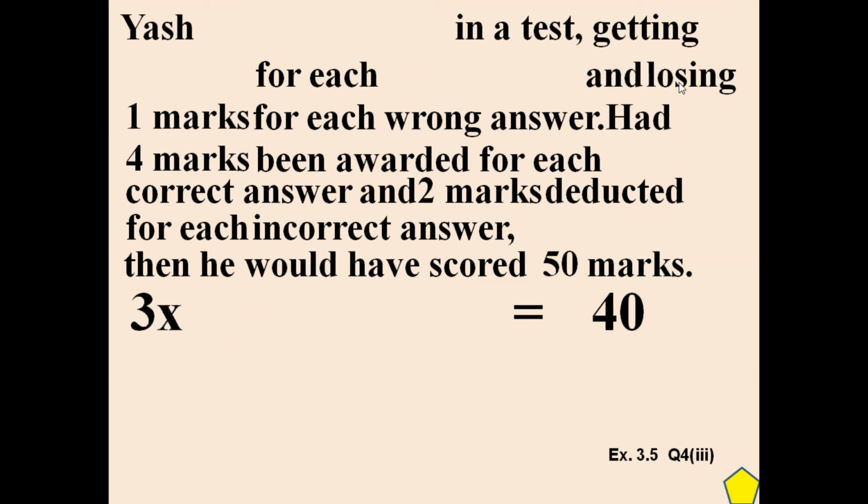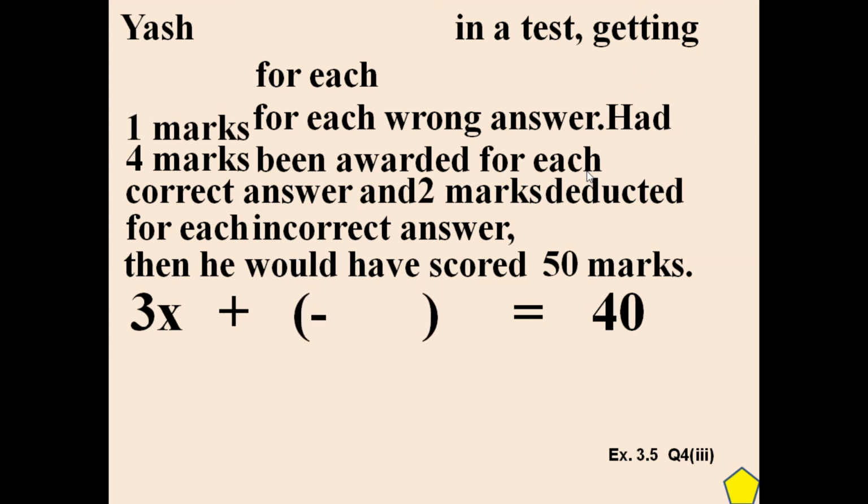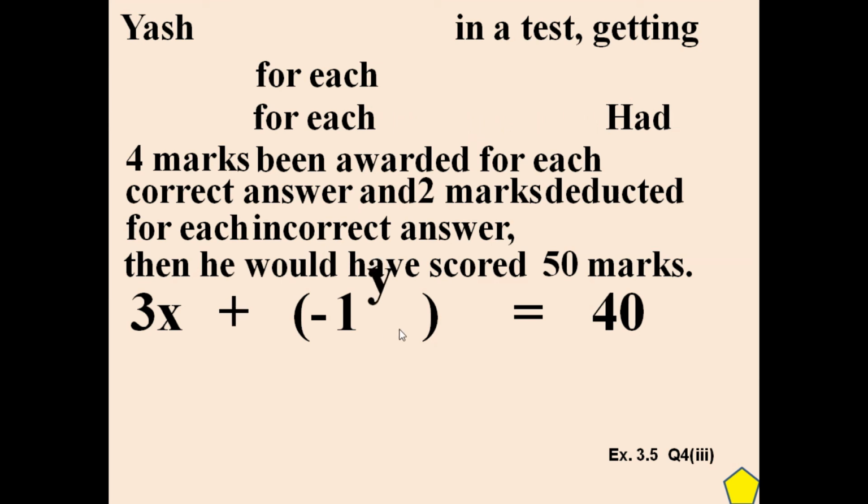And he loses 1 mark. Add means plus, but losing means minus. And how much is he losing? 1 mark for each wrong answer. Now, if the number of wrong answers is y, he loses minus 1y. So the first equation becomes this.